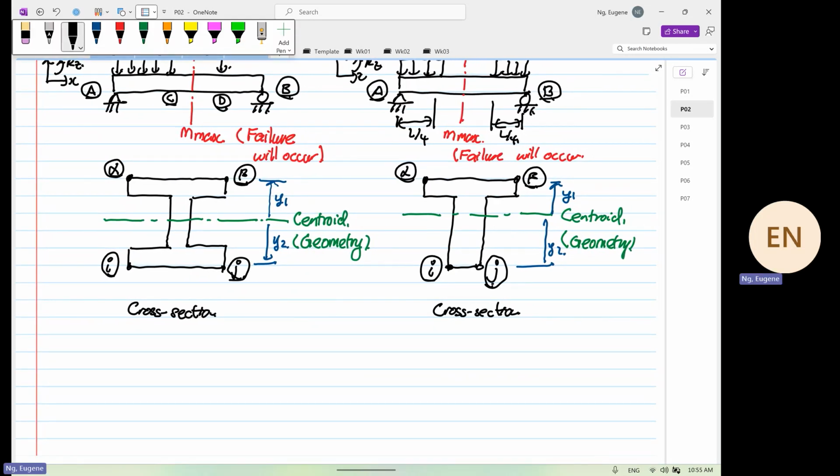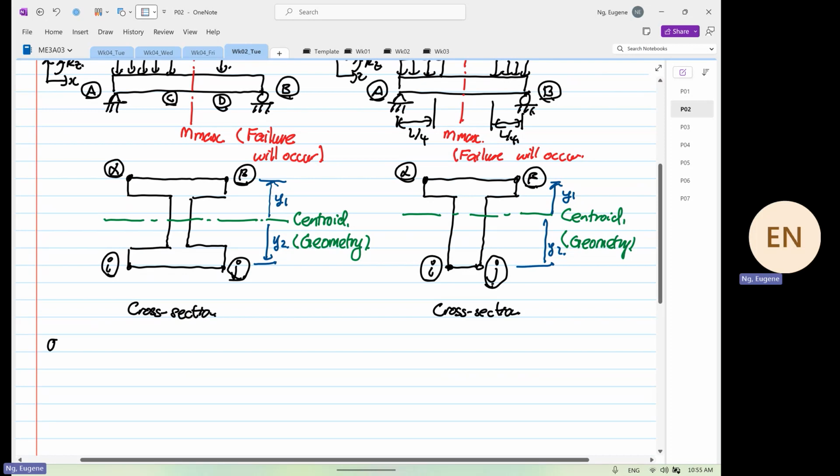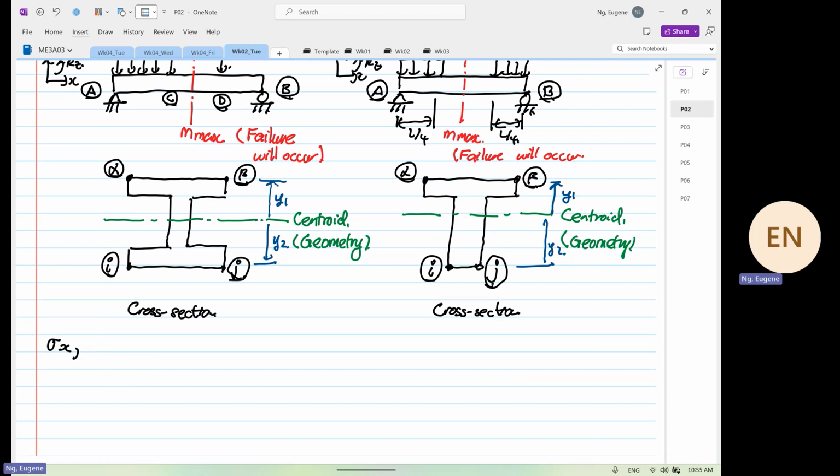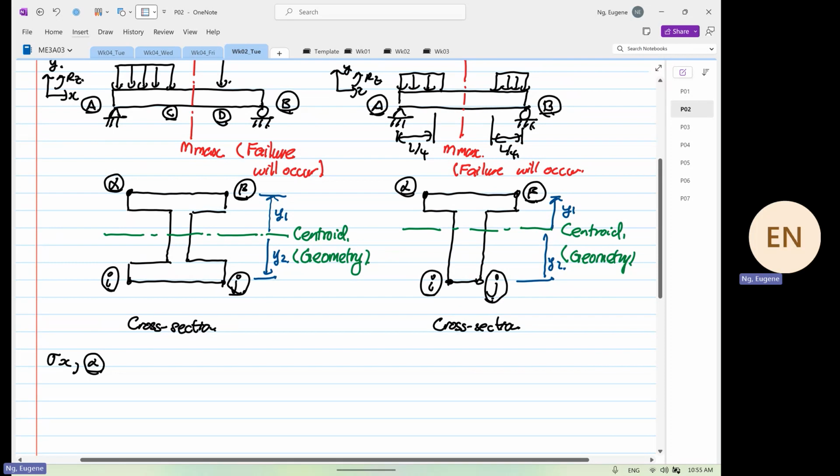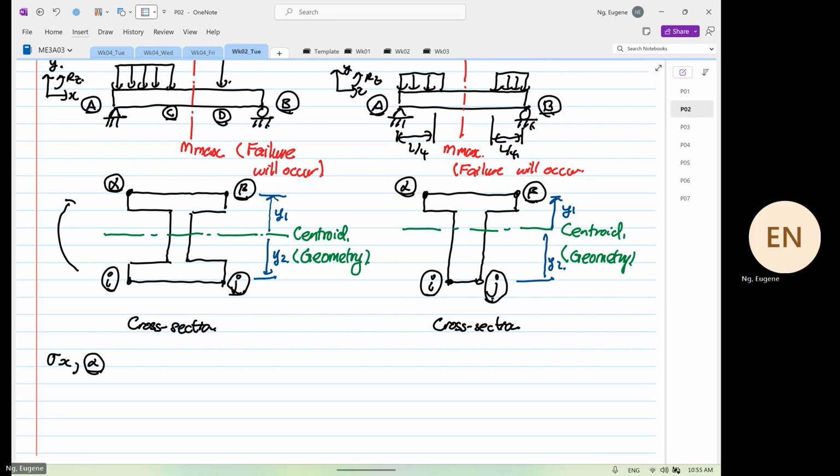Now, how do we determine stress X at point B or at point alpha? Right? Stress X at point alpha. Okay, so we are going to assume that over here, this is how our moment will act. And this is where we have compression. And over here is where we have what? Tensile. Okay.